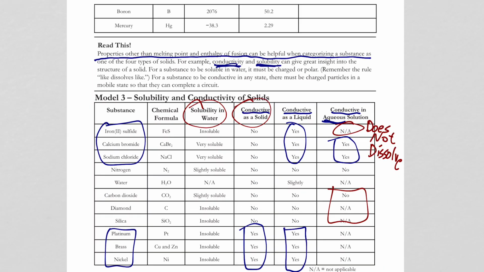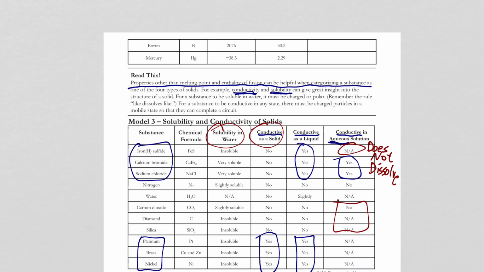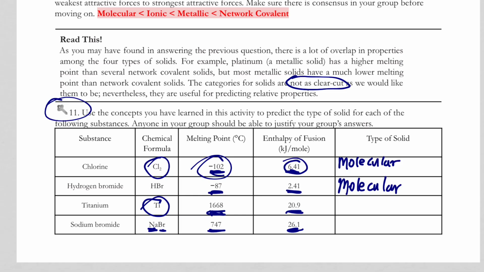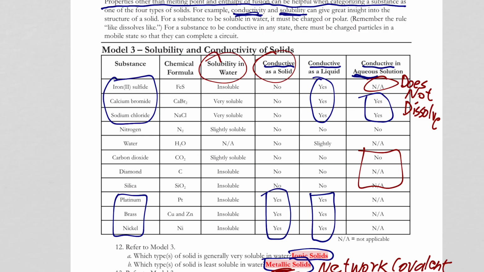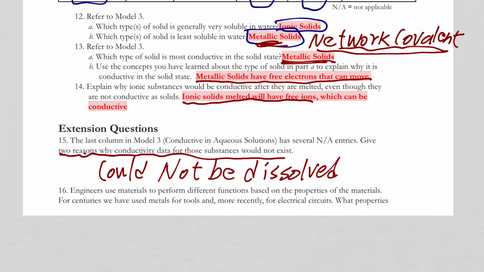Conductivity is another. You have to be aware that we are talking about multiple traits that you need to pay attention to, such as melting point and also enthalpy of fusion, both. So there is always more than one way that you should check out a substance to make sure it is the type that it should be.